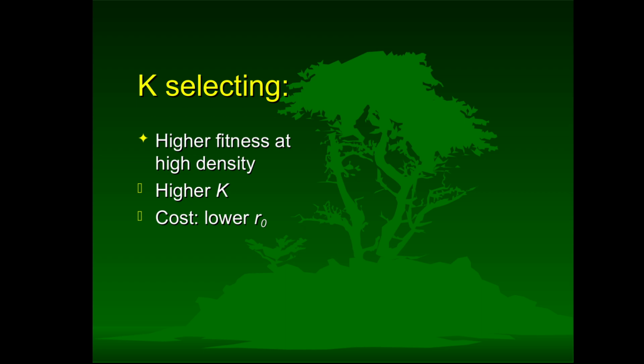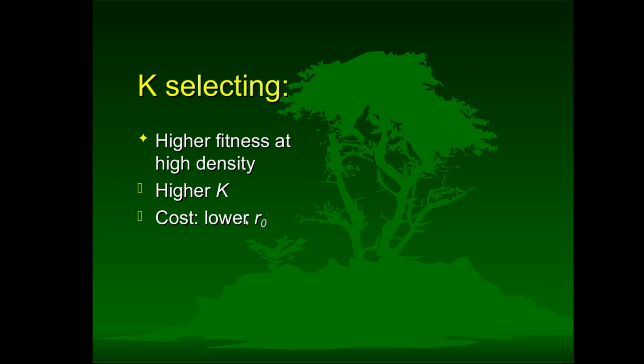The population will evolve to a higher density, therefore evolution of greater competitive ability will bring a higher carrying capacity, higher K. But because of inevitable trade-offs in physiology and anatomy and in ability to do things, better competitive ability comes at a cost, and that is lower fecundity.